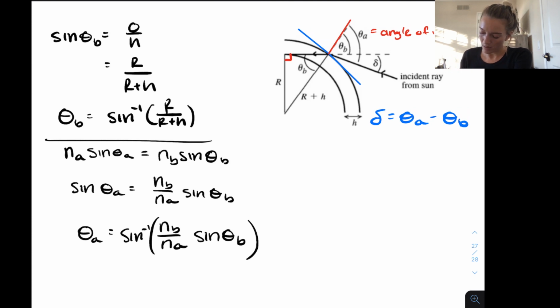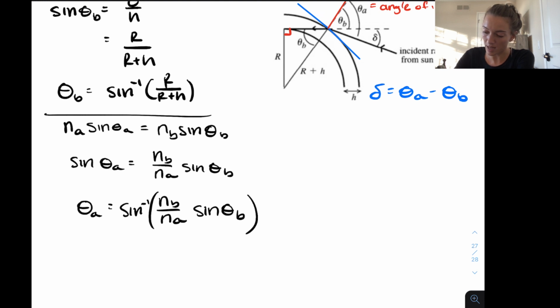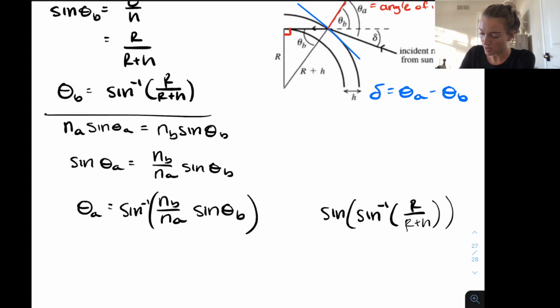Okay, so now let's simplify a few things. We have sine of theta B, but we know what theta B is, right? It's sine inverse of R over R plus H. So sine of sine inverse R over R plus H is just R over R plus H, because when you have a sine and then a sine inverse, those cancel each other out.